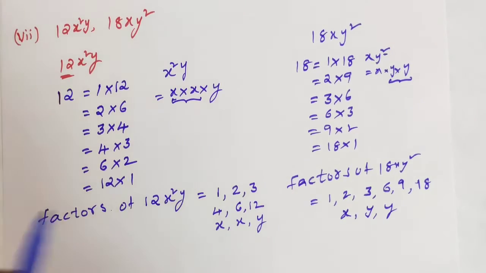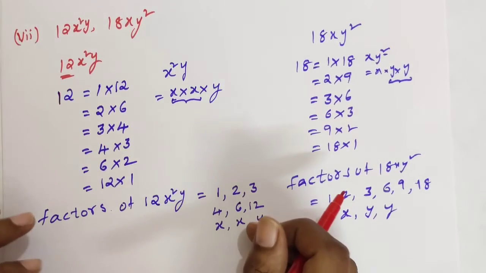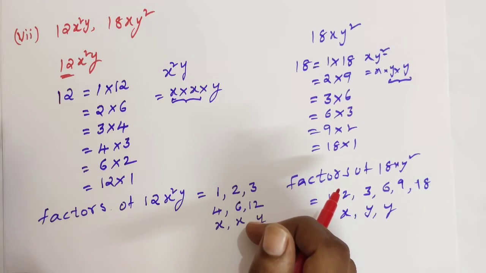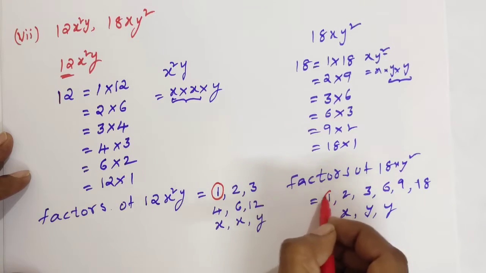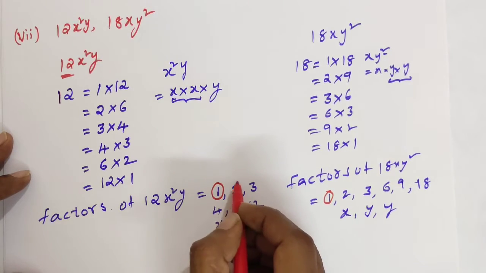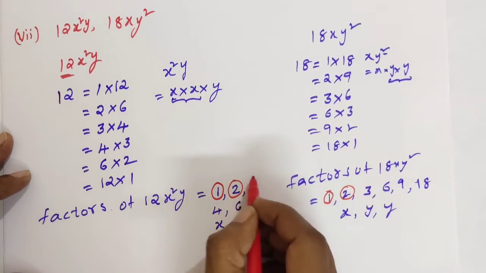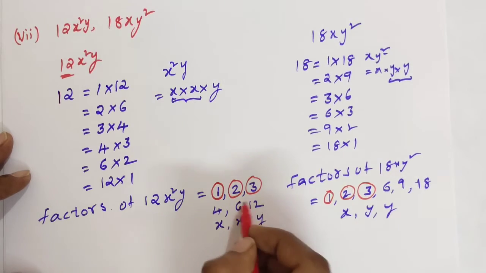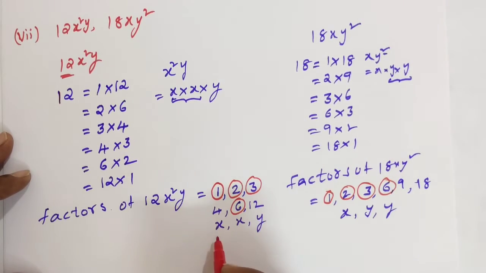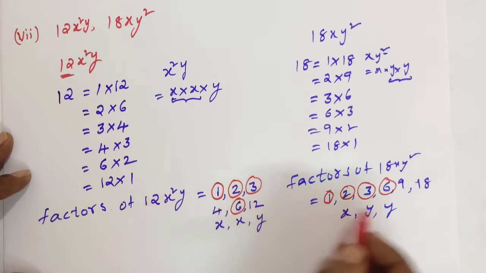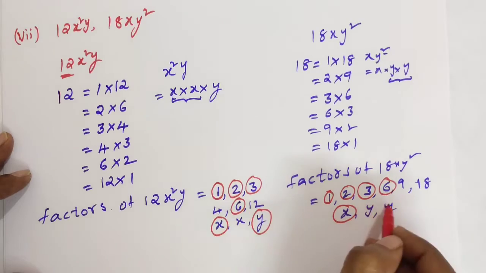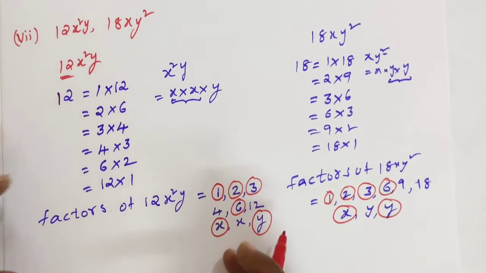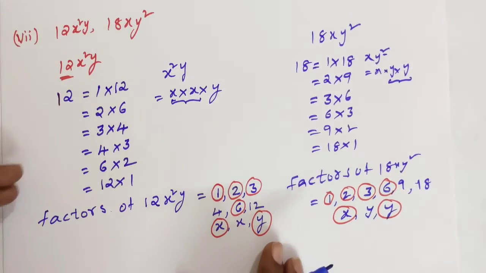Now we should take the common factors. Okay children, so for that you just round off the common factors. Here 1 is the common factor of both, and 2 is also, 3 and 6. Okay, numerals are over, then variables x and y. Okay, now write the common factors.